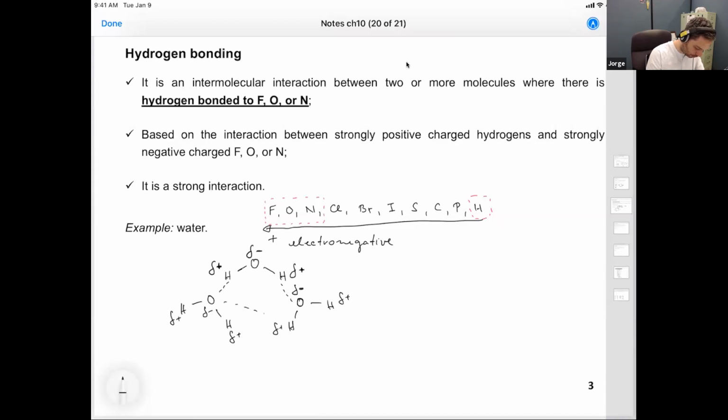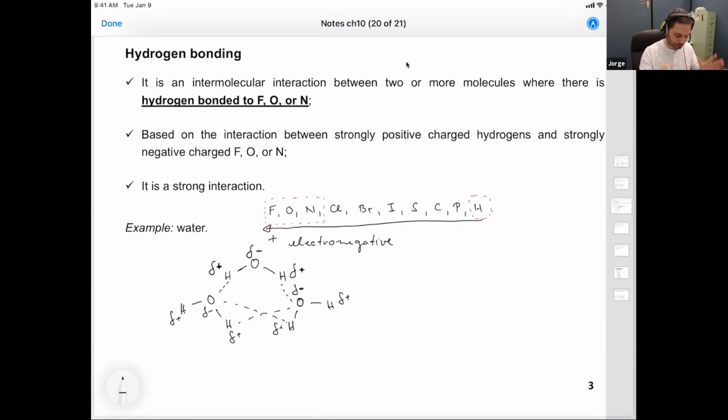So then we will go from here, and this will extend towards the space. So hydrogen bonding, you can think of as a very extreme case of dipole-dipole interaction.